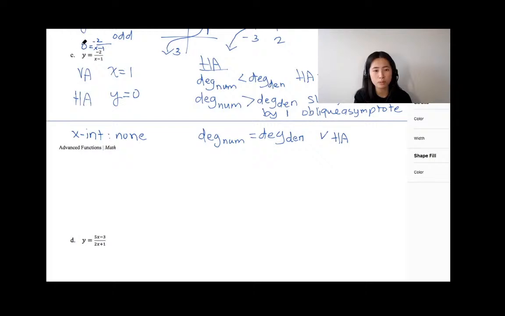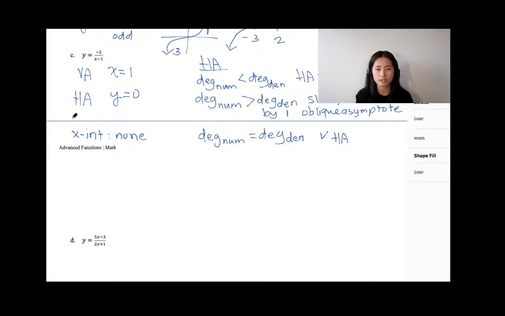When you cross multiply, 0 times x minus 1 is 0, so 0 is equal to negative 2. Therefore, you don't have any x-intercepts. This is very different from saying your x-intercept is equal to 0, so you have to be careful with these terminologies.